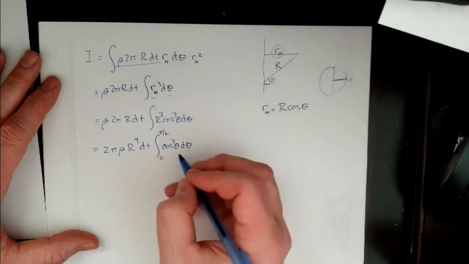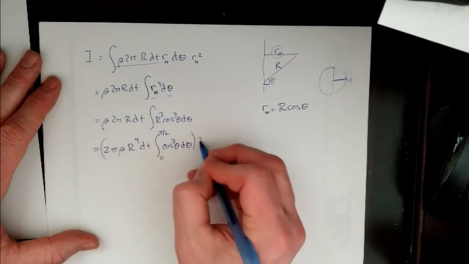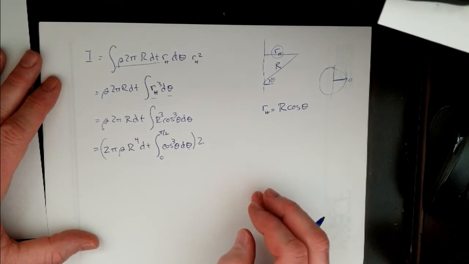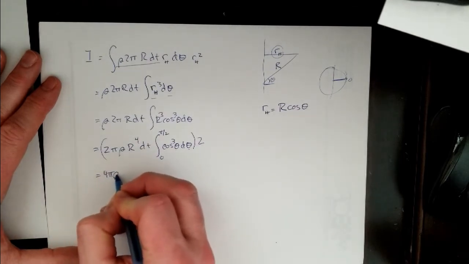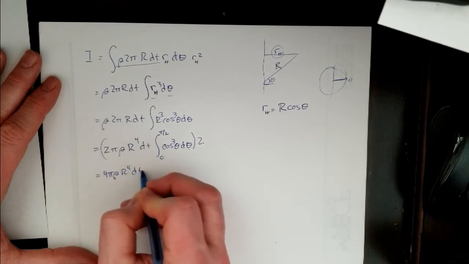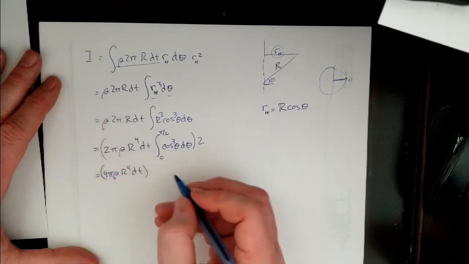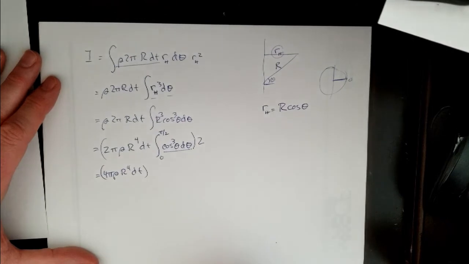That'll take care of half of it, and so then I have to multiply by 2 for the entire sphere. And so we now have 4 pi rho R to the 4th dt. Again, that's my constant. And now we have to figure this one out.